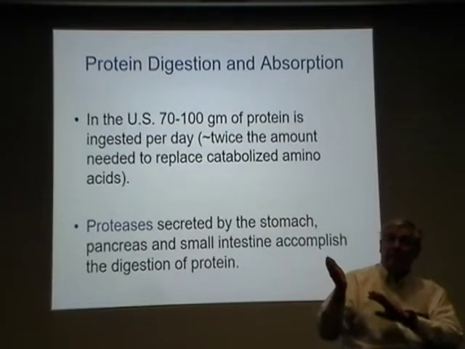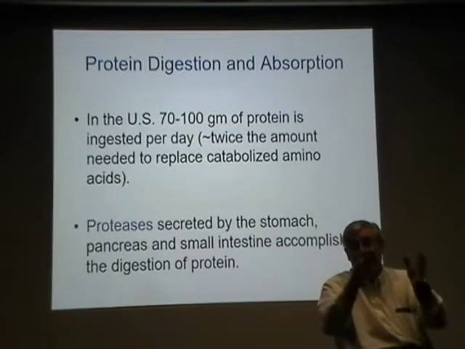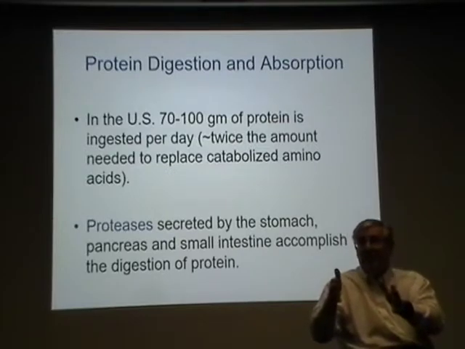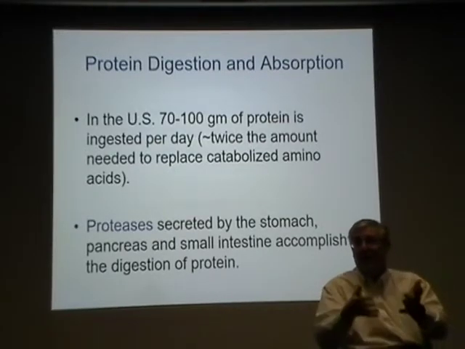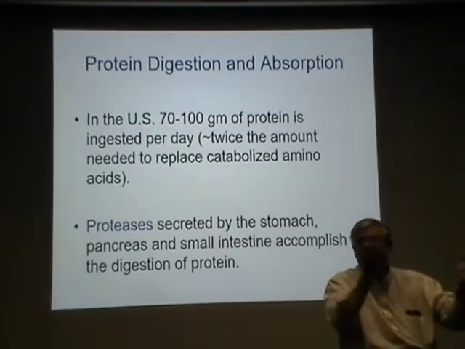So there's lots of amino acids. We focus on these 20 that we need for protein synthesis, 10 of which we either can't make or can't make enough of, so we need to get them in the diet. The other 10, we can make enough of.